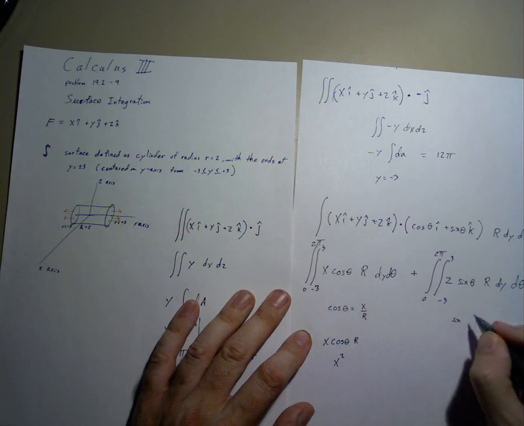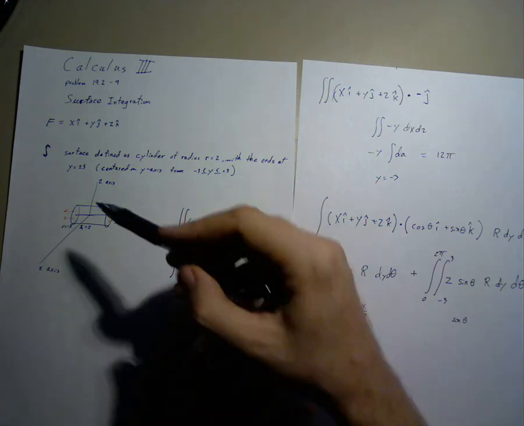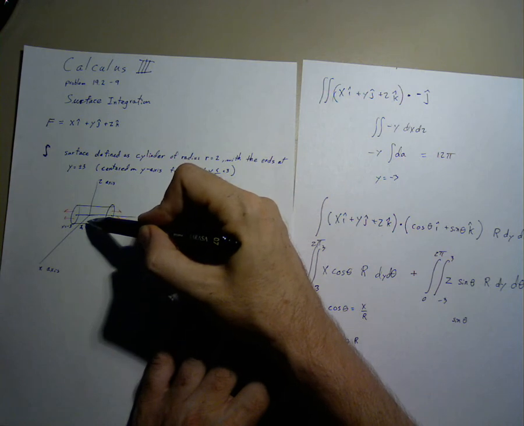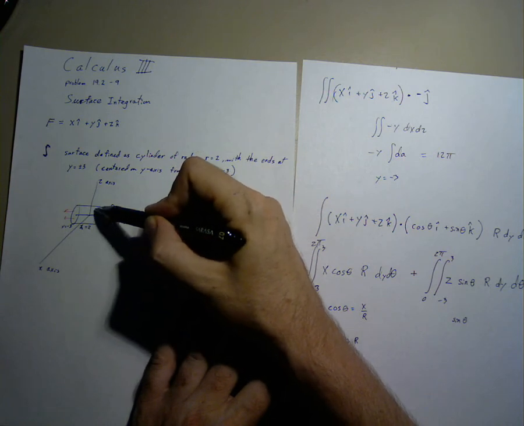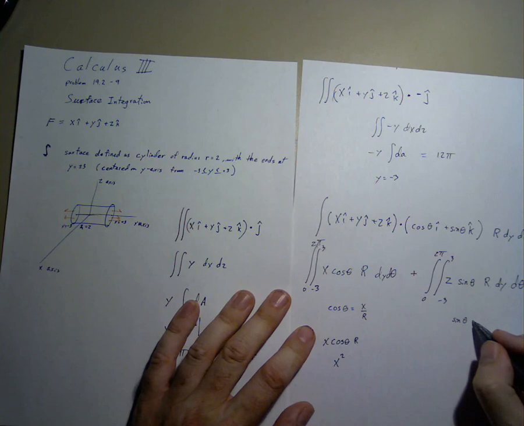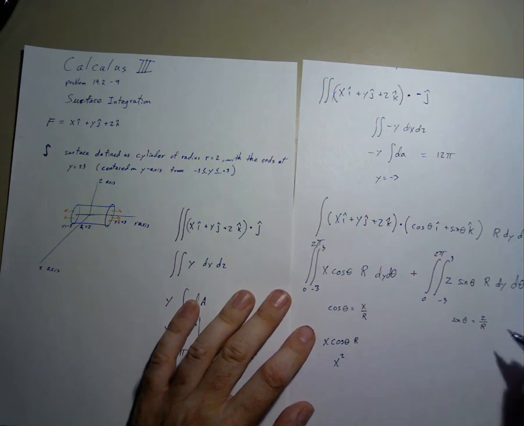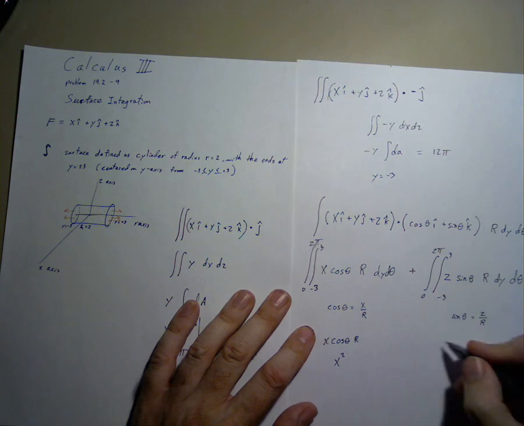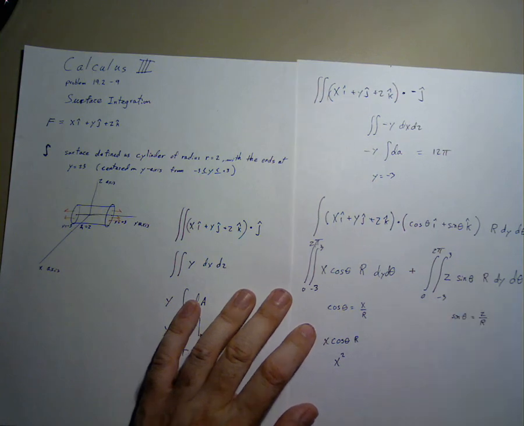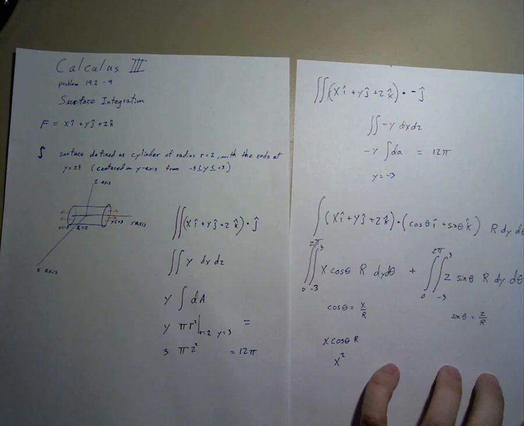Likewise, sine is z over r, writing our triangle in terms of x and z.